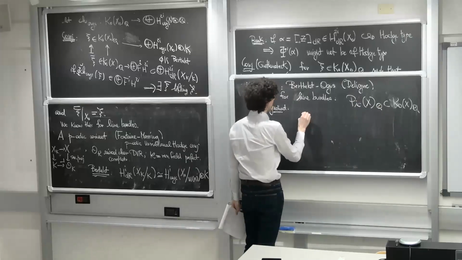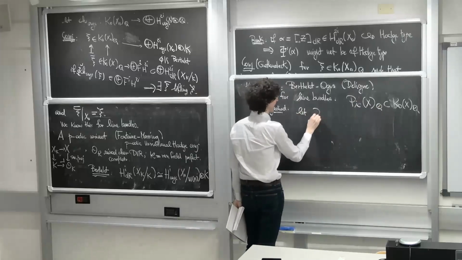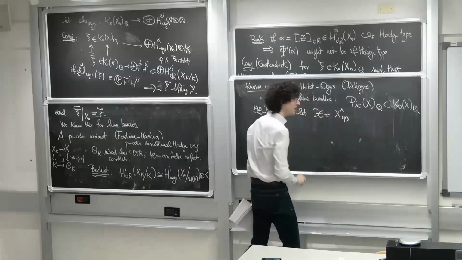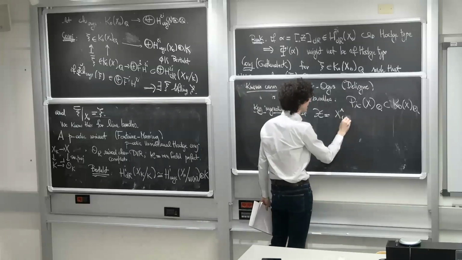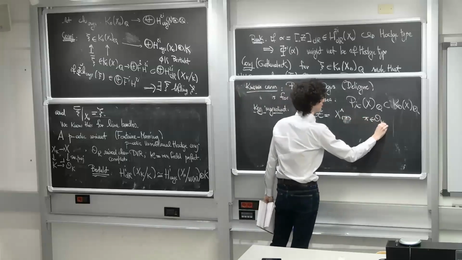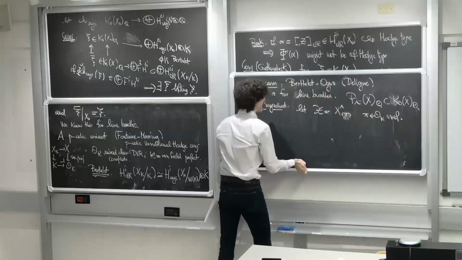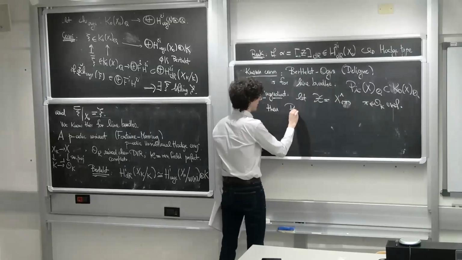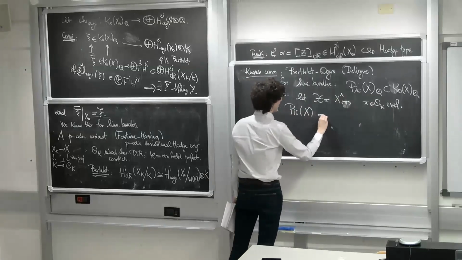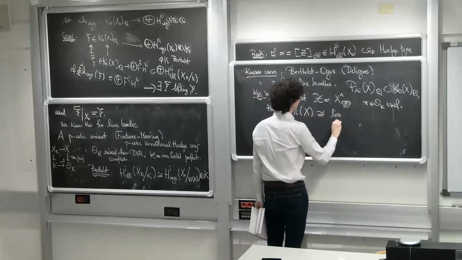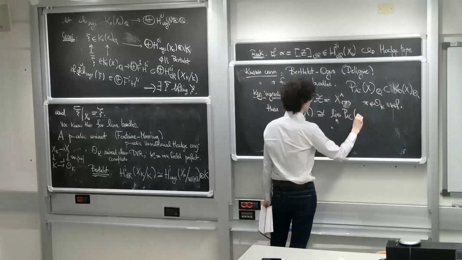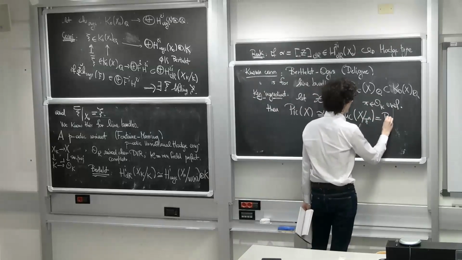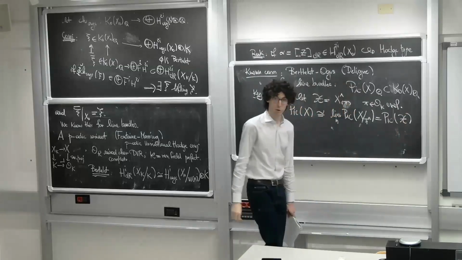If I denote by X-hat the completion of X at p, or at pi more generally, where pi in OK is a uniformizer, then the Picard of X is isomorphic to the limit over n of the Pic of X mod pi^n, which we could call the Picard of X-hat, for formal schemes.